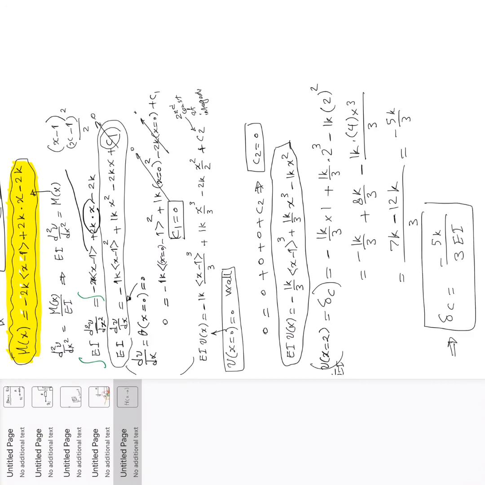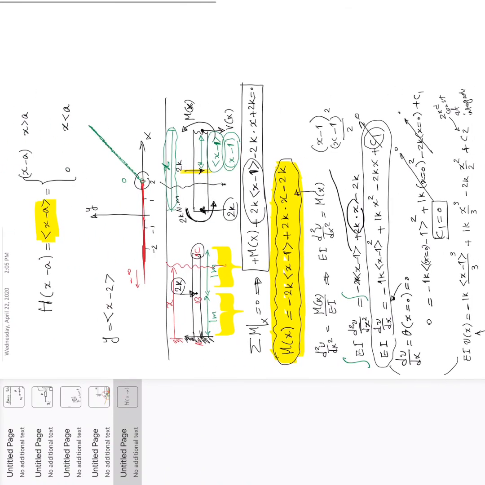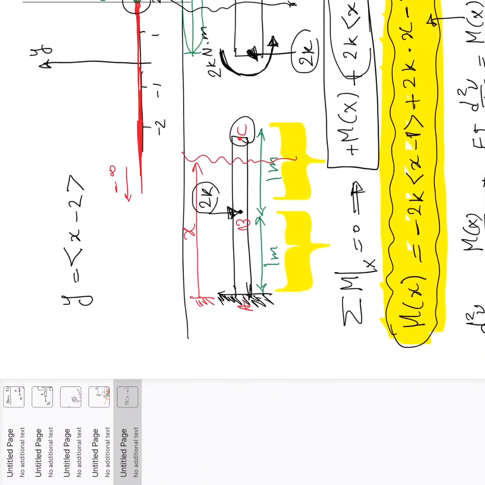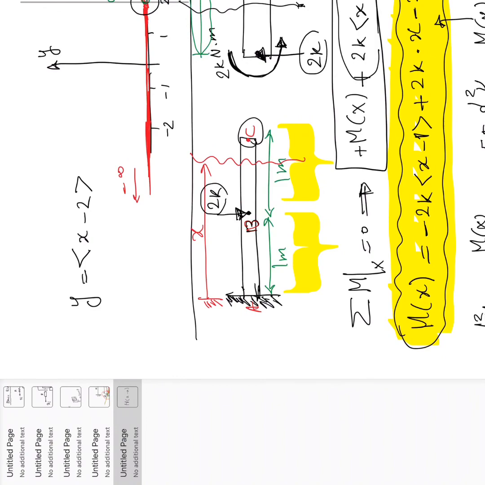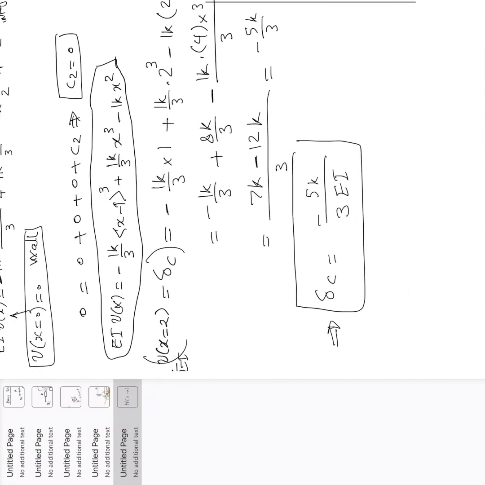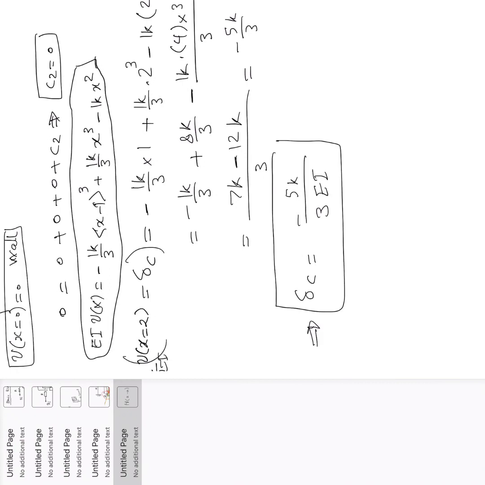Now imagine if you wanted to solve this problem using the traditional method we use in this class, taking two different intervals and applying the continuity equation at point B in the middle to get rid of the extra constants of integration. It's going to be a big mess, and I recommend you do it. It takes some time, but the end result should be the same. You should match the same result, only your derivation gets a little bit longer.